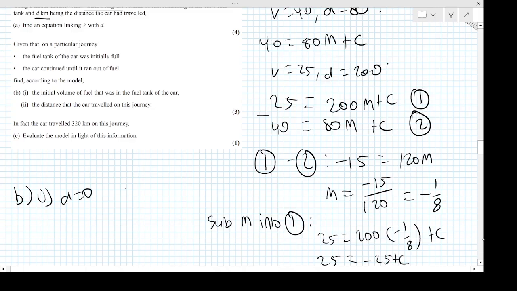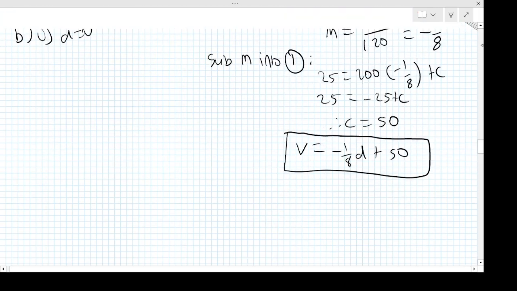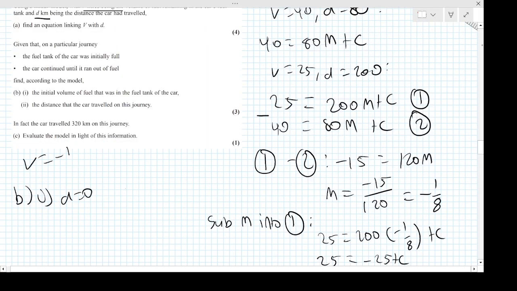And so I'm going to restate my equation I worked out. V is minus an eighth d plus 50. Well, d is 0 is the initial volume when the car hasn't moved. So it's the full tank, right there. So in d equals 0, let's substitute it into here. V is minus an eighth of 0 for d plus 50.